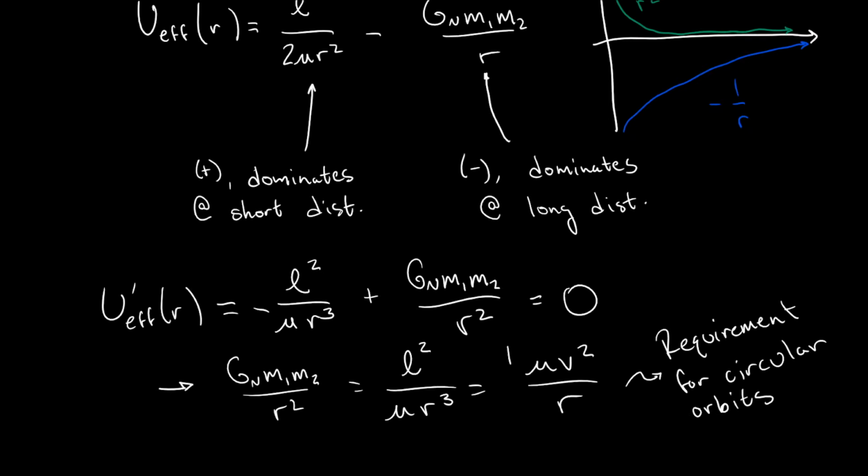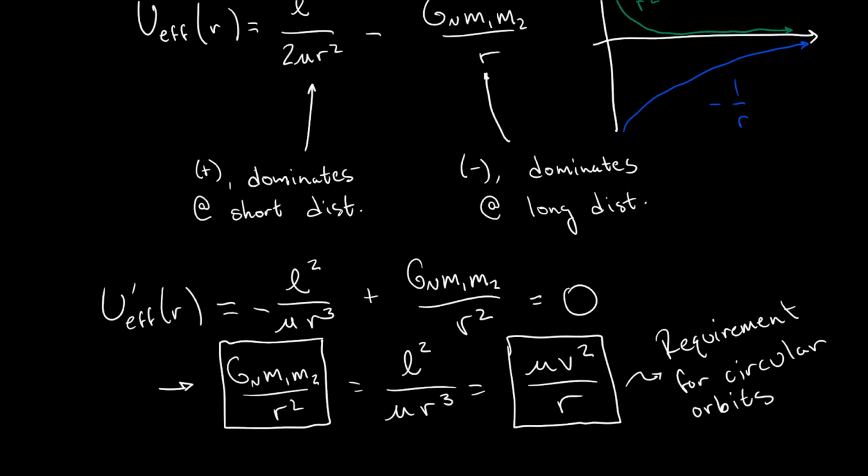Right, because this is the centripetal force acting on an object traveling in a circle, where v is the tangential velocity. And this is, of course, just the magnitude of the gravitational force. And when the magnitude of the gravitational force and the centripetal force are equal, it's traveling in a circle.